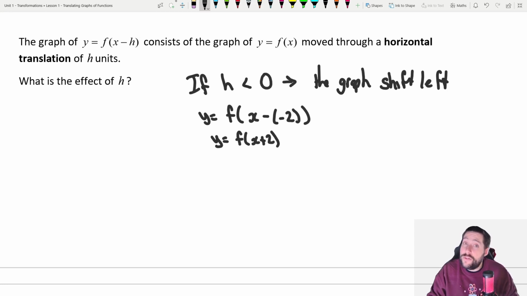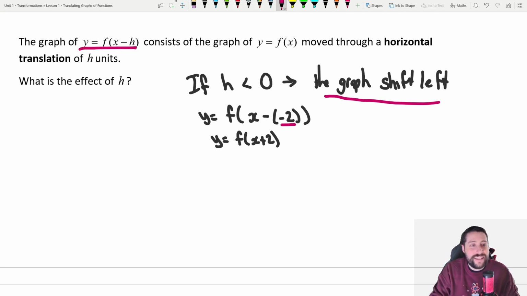Even though it says plus 2, you're still going to shift it to the left, because it's actually negative 2, since this is y is equal to f of x minus h. In order for this to become positive, our h value had to be negative, because when you have two negatives, they make a positive.